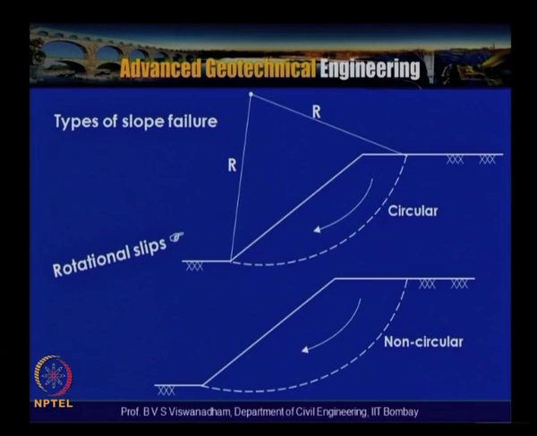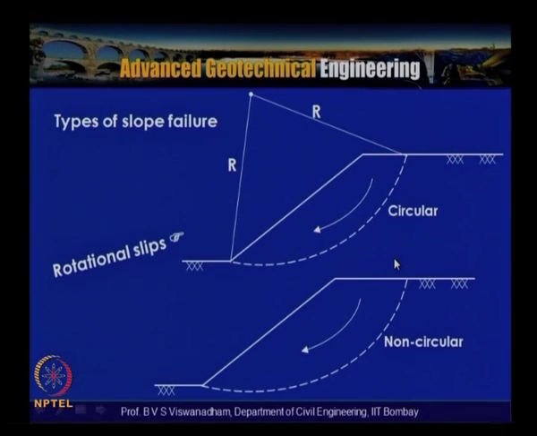If you look at the typical types of slope failures, the typical failure is termed a circular failure, where you have an identical radius at both ends, at the entry point and the exit point. This is called the entry point of a slip surface, and this is the exit point, with an identical radius of rotation, and this particular failure surface is referred to as a circular failure surface.